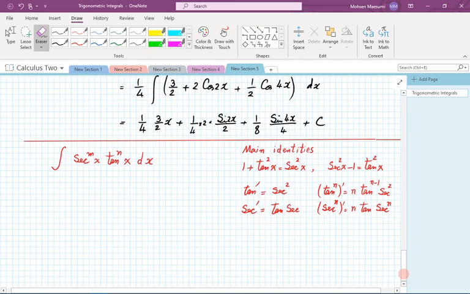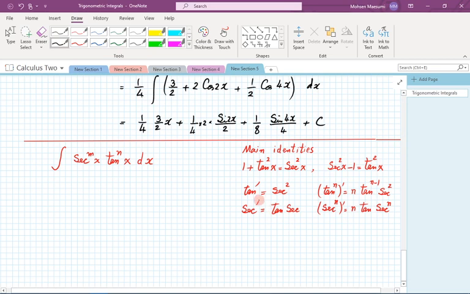Now, let's go ahead and see what is in store for us here. I've written here some of the main identities from either trigonometry or Calculus 1 that are going to be handy. The first set is just the Pythagorean identity, which you're familiar with from trigonometry. The next four are differentiation formulas from Calculus 1.